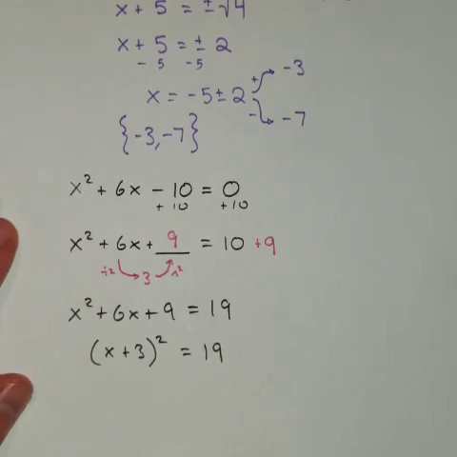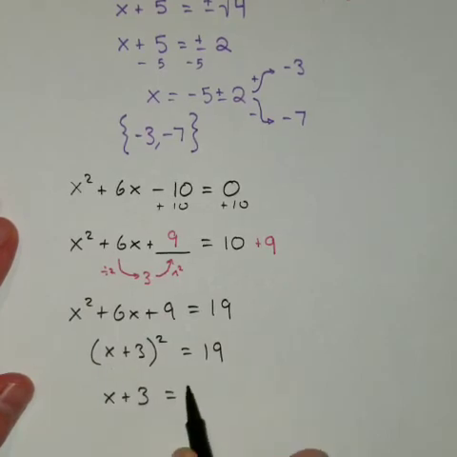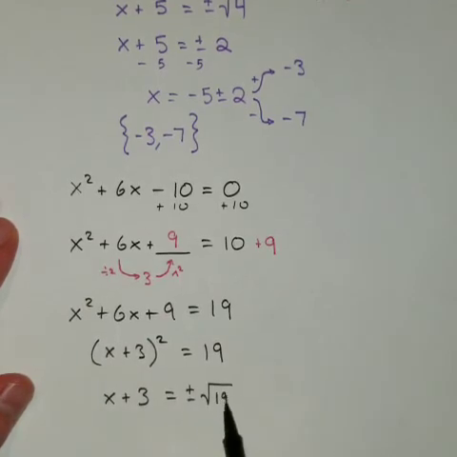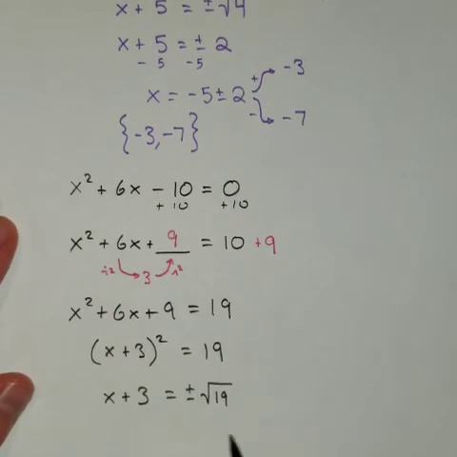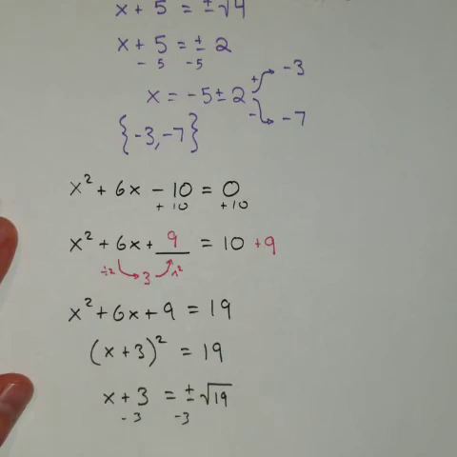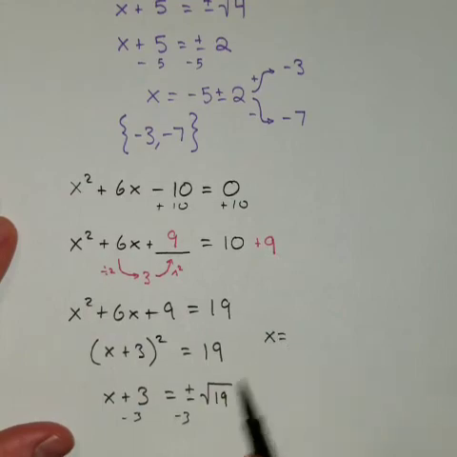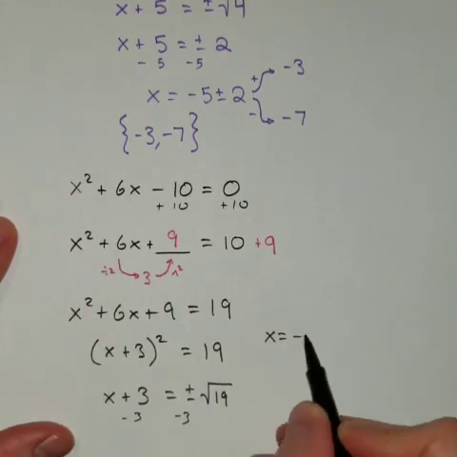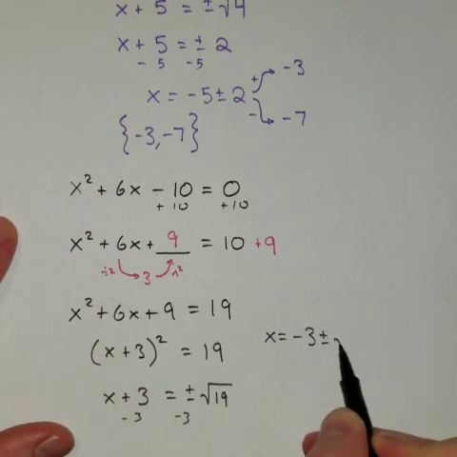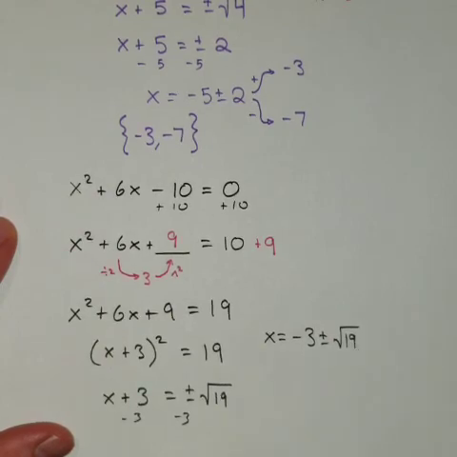Now we take the square root property, or take the square root of both sides, however you want to look at it. x plus 3 would equal plus or minus the square root of 19. I then subtract a 3 from both sides. This root 19 won't simplify, and so my final answer is just going to be negative 3 plus or minus the root of 19.